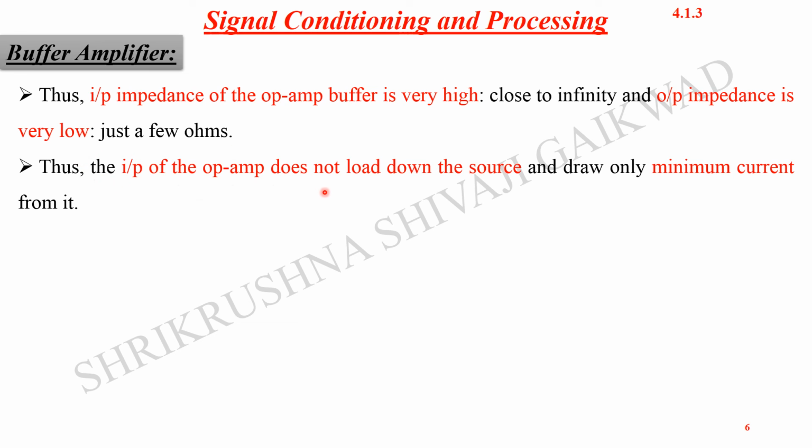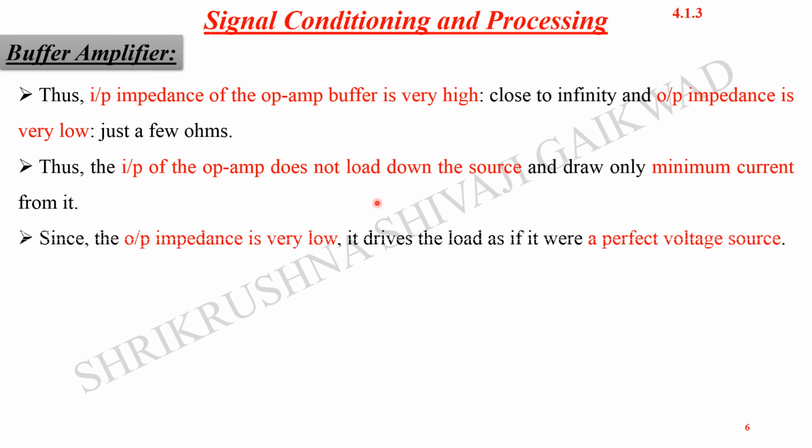The input impedance does not load down the source and draws only minimum current from it. Since the output impedance is very low, it drives the load as if it were a perfect voltage source. Thank you.